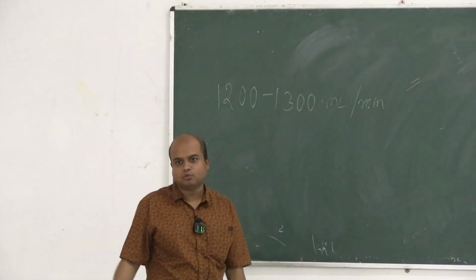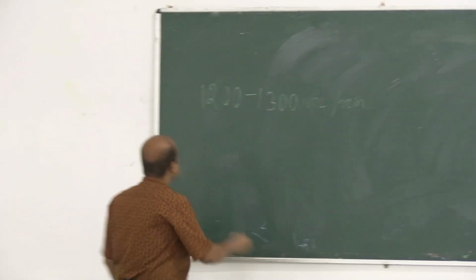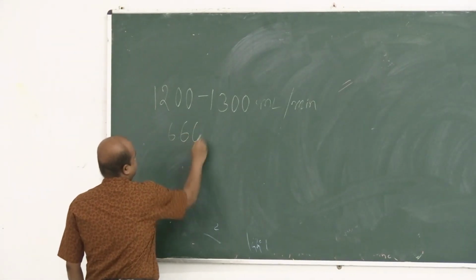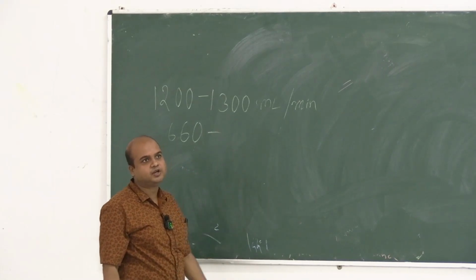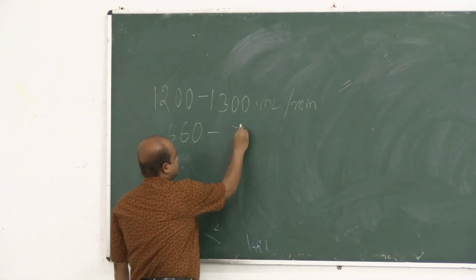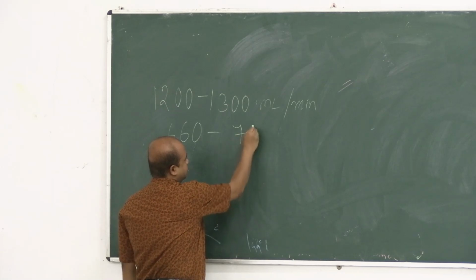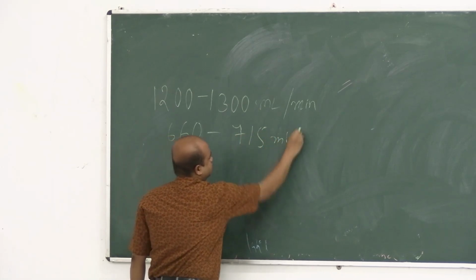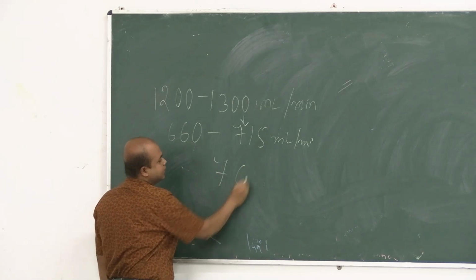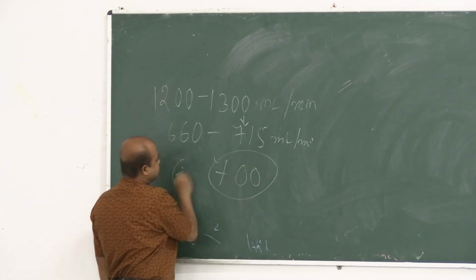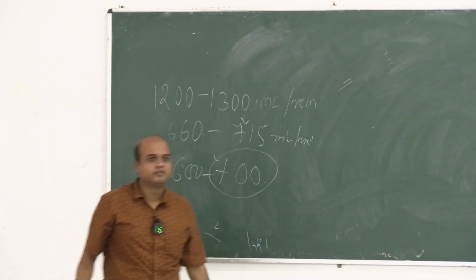So 55% of 1200 is simple mathematics, around 650. So books write it as 600 to 700.